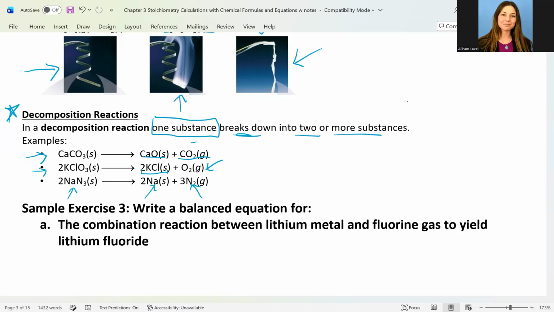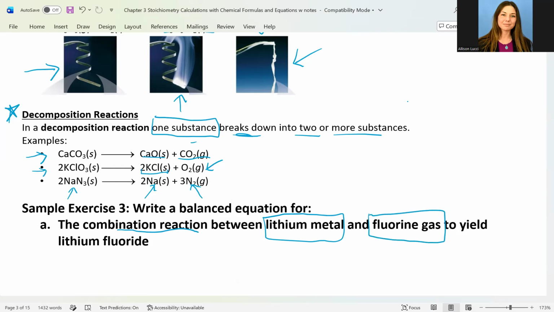So let's see if we can take our skills from our discussion of nomenclature and phase indication for reactants and products, and see if we can write the balanced equation for the combination reaction. So that's what we're going to be looking for, our pattern of lithium metal. That's telling us the phase will be solid, and then fluorine gas.